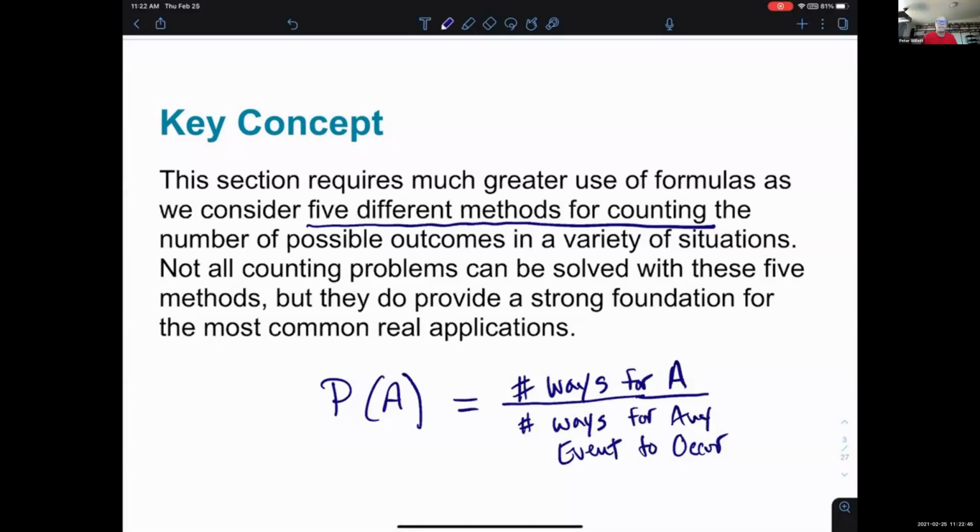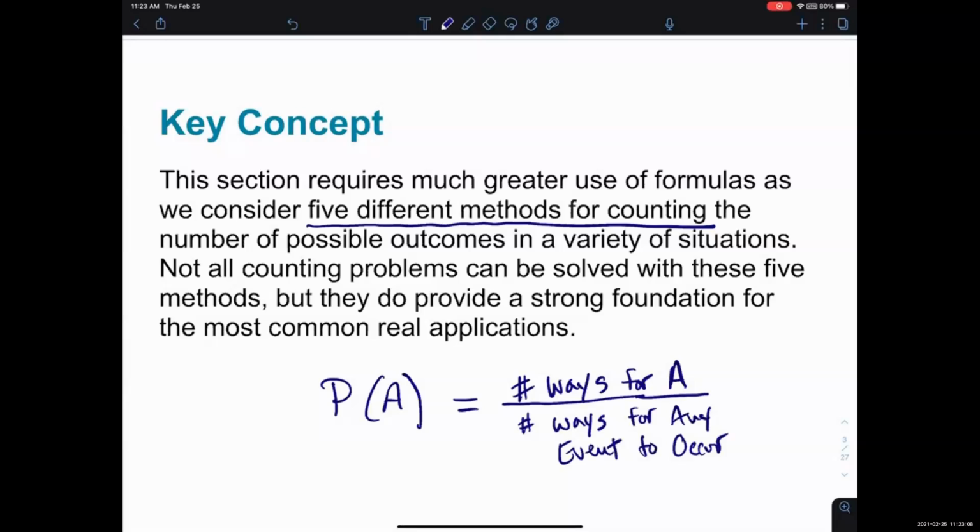Could be anything. If you're willing, provide it either in the chat or by speaking up. What would be an example of a situation where you would want to calculate a probability, counting up some number of ways of an event and dividing by the number of ways that anything could happen? Any suggestions?